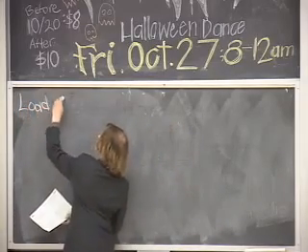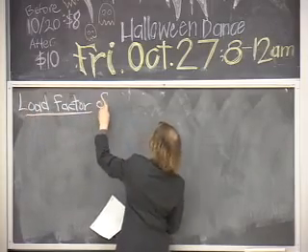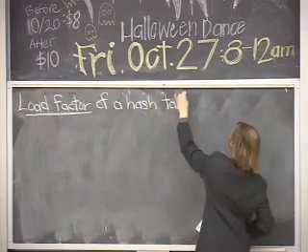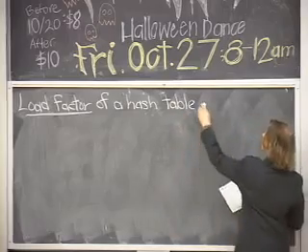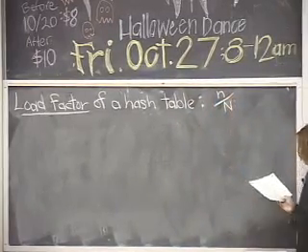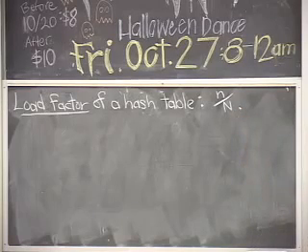The load factor of a hash table is little n over big N. Remember, little n is the number of keys we're storing in the hash table, and big N is the number of buckets we have to store them in.